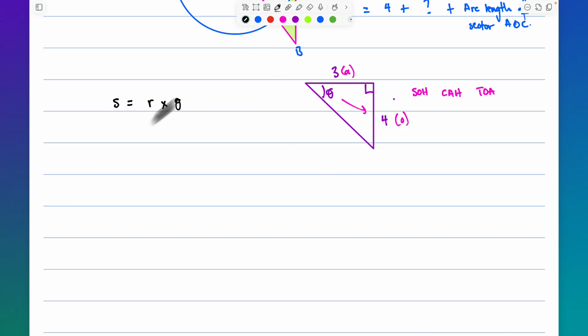So in order for us to find theta, tan theta is opposite over adjacent, which is equal to 4 over 3, because your 4 is your opposite and your 3 is your adjacent, which means your theta is going to be arctan of 4 over 3.